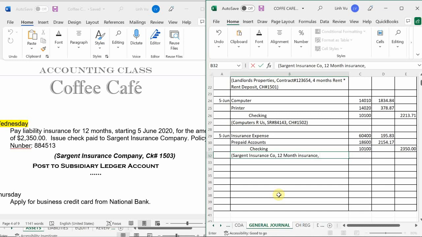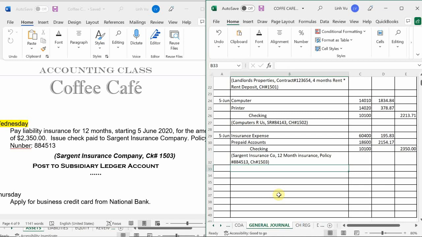What was my policy number? 884513. And last but not least, another piece of information was I used check 1503 to pay for this transaction.